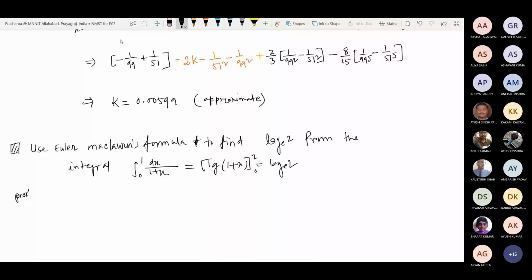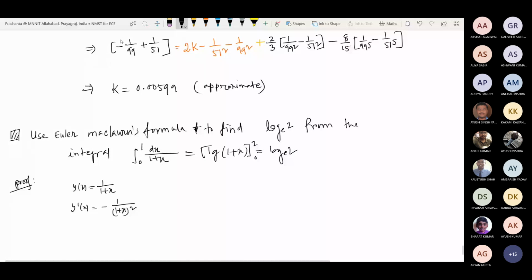So here y of x is the function 1 by 1 plus x. Y dash x is minus 1 by 1 plus x whole square. And if you find the double derivative, it will be 2 by 1 plus x whole cube.